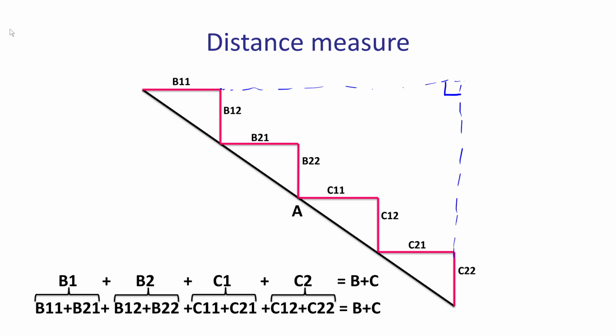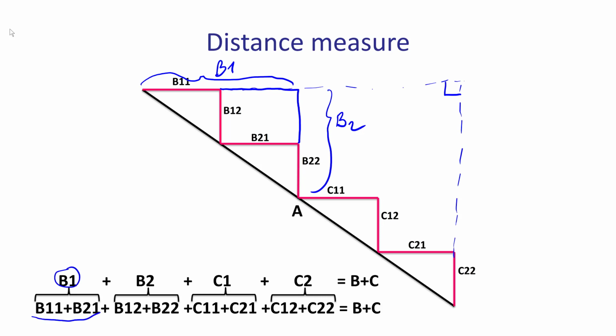Because compared to the previous one, which was like that, clearly B1, which was here, and B2, which was here, could be written as B11. So B1 could be written as B11 plus B21, and B2 could be written as B12 plus B22, because this is the addition of those two sides.